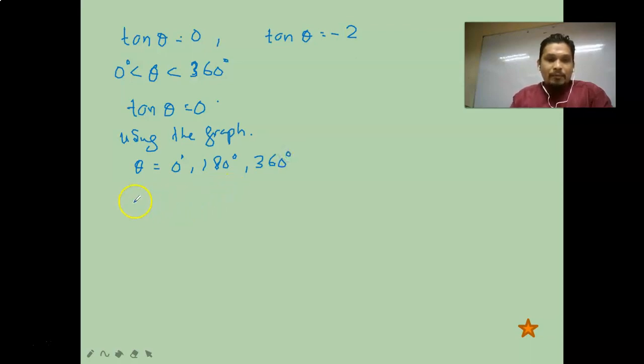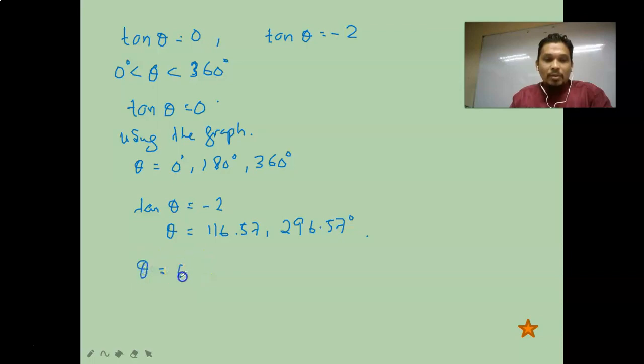And then for tangent theta equals negative 2, theta equals 116.57 and also 296.57. So we list them all in one row.